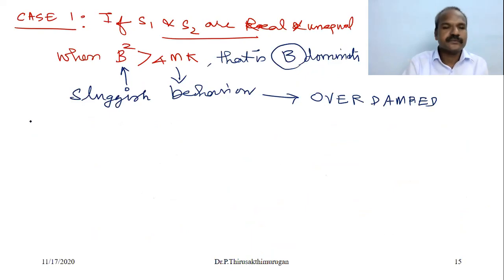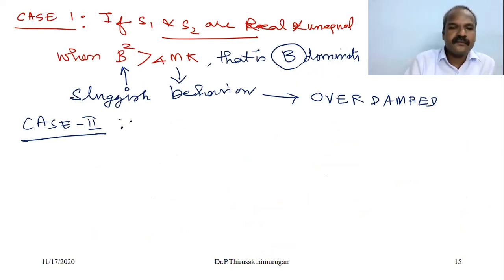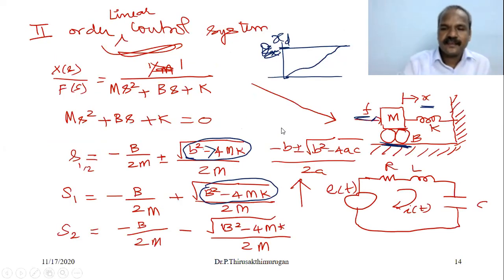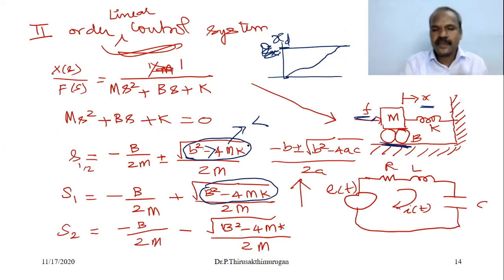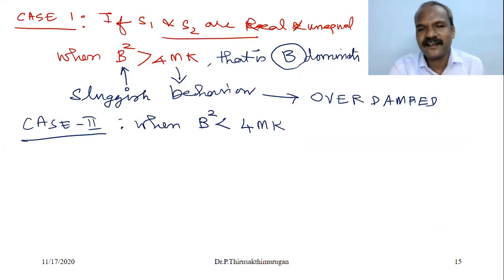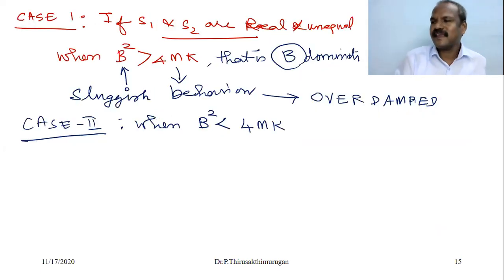Then case 2: when b square is less than 4mk, there is very little friction, right?